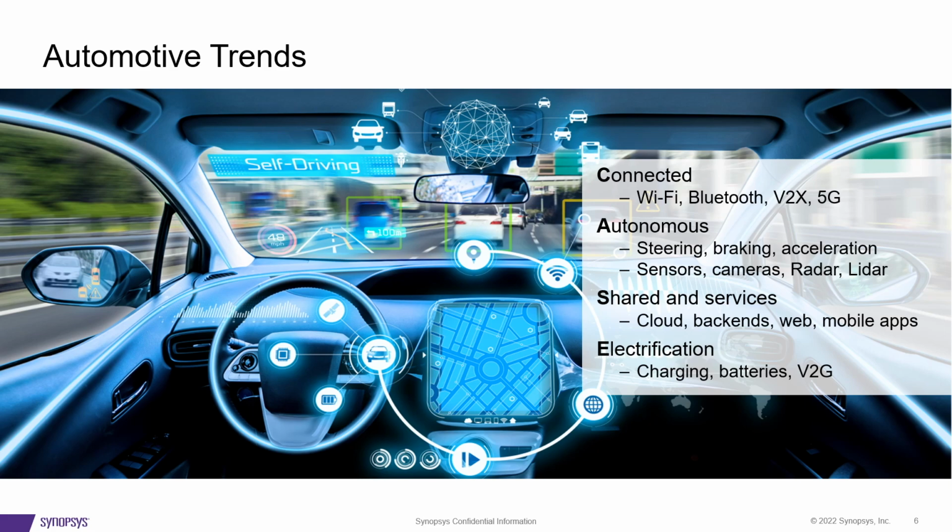In addition, we have a number of new services, including services provided in the cloud by OEM backends using web apps or mobile apps. And finally, regarding electrification, we see a trend towards electric vehicles, EVs, with new technologies such as charging and battery management systems and V2G.